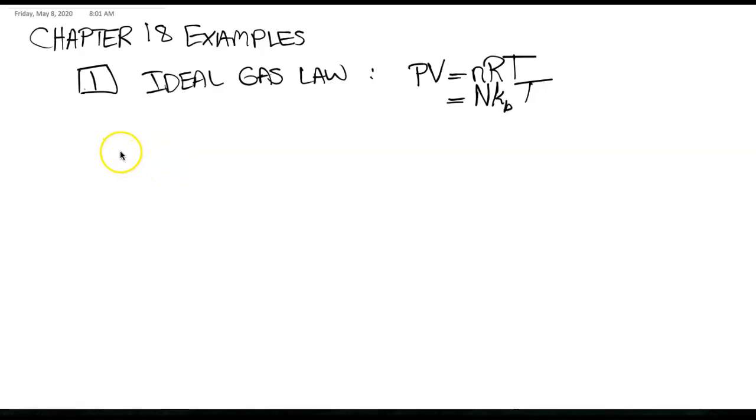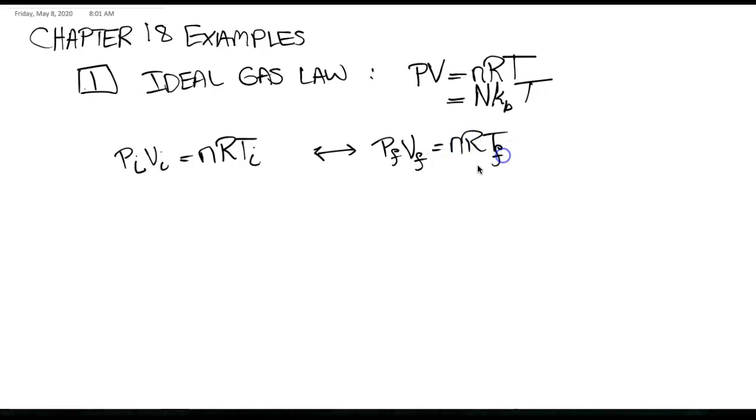So for the first example, we're given that we have an initial pressure, initial volume, and an initial temperature. And then after some time, this leads to some final pressure, some final volume, and some final temperature.